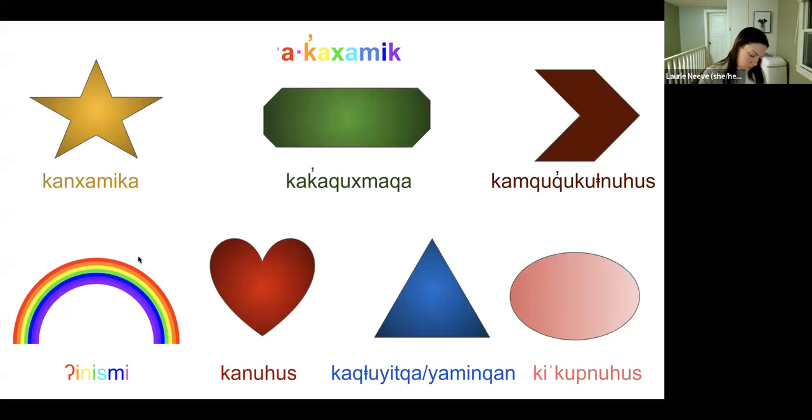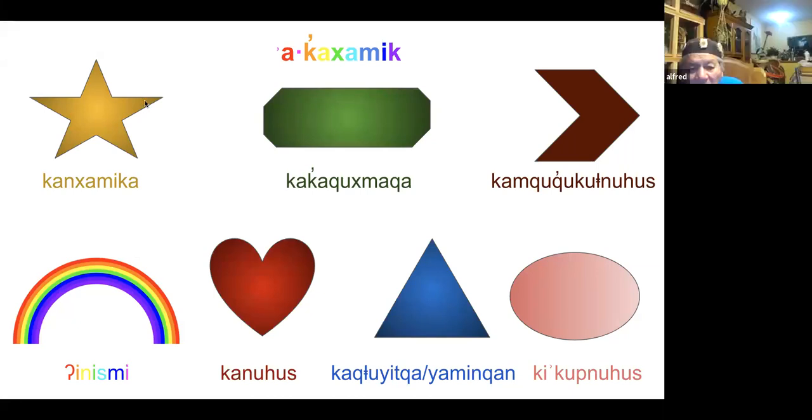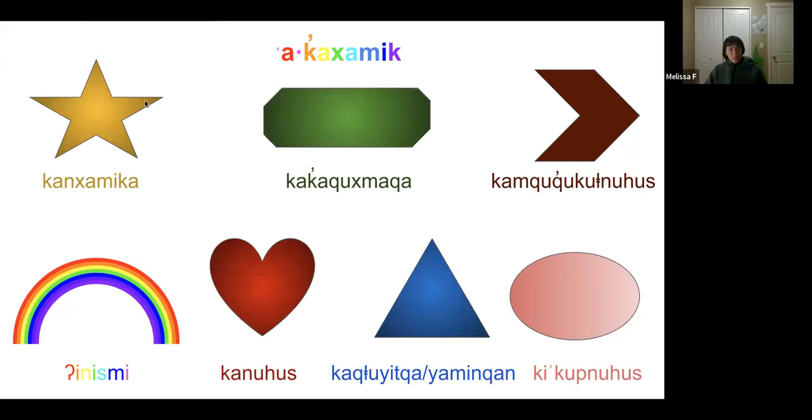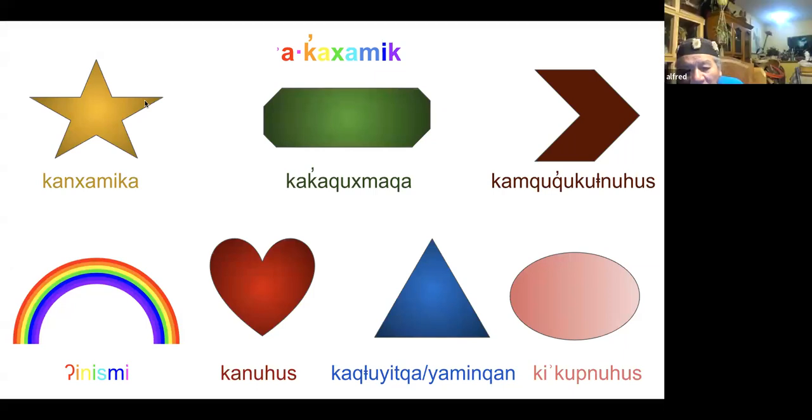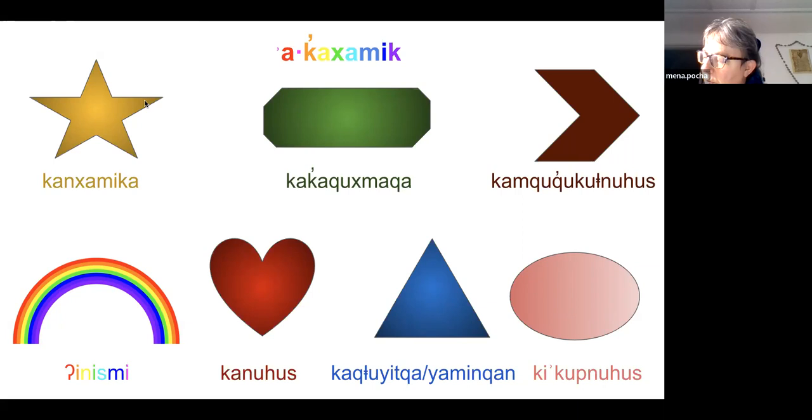Okay, we have two words for blue. Up here above the international border, we use the term Ktunaxa, and the yaminkan up here is our word for bluebird.